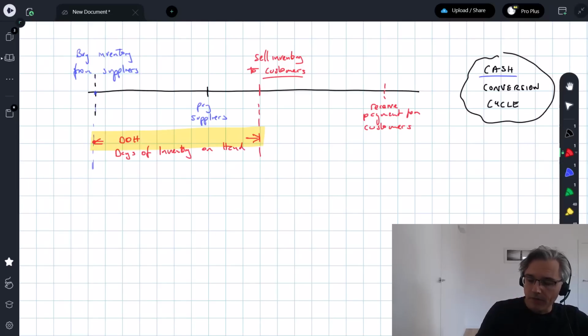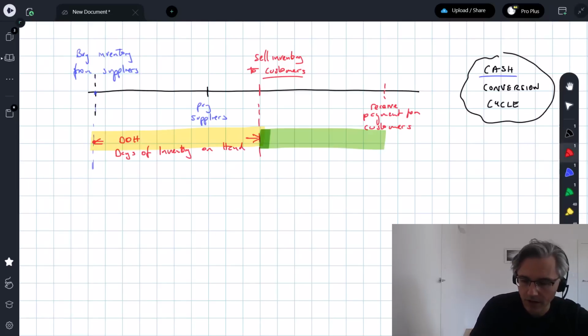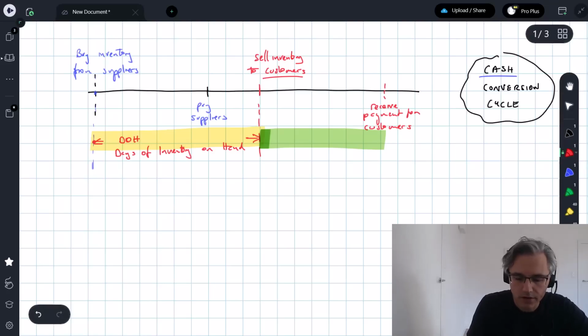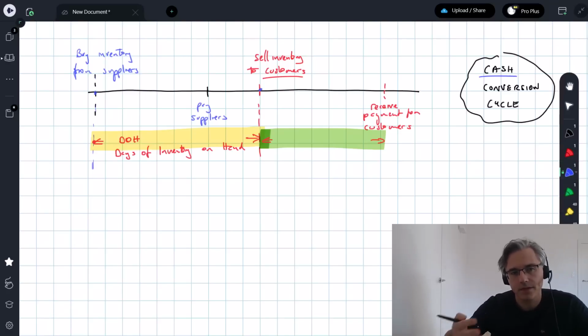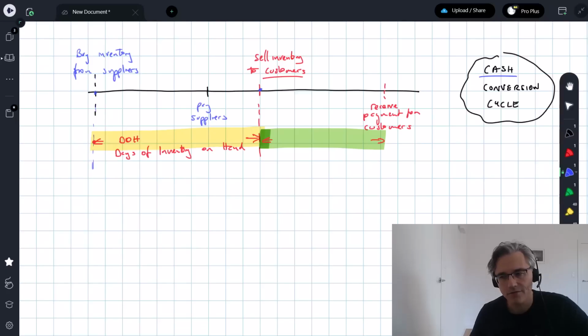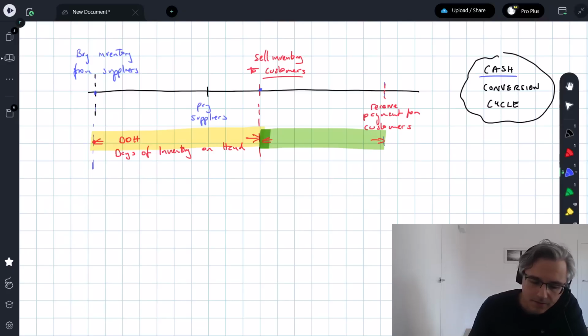Okay. Now, over here we've got another time period. This is the time between the sale to the customer, when typically the customer takes over control over the goods which they purchased. They receive an invoice and ultimately settle that invoice at some later date.